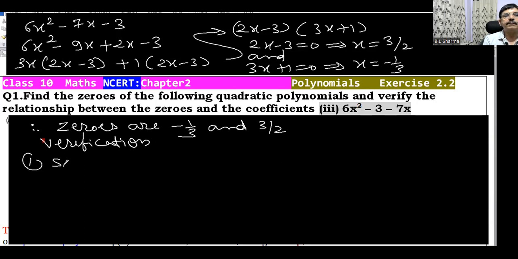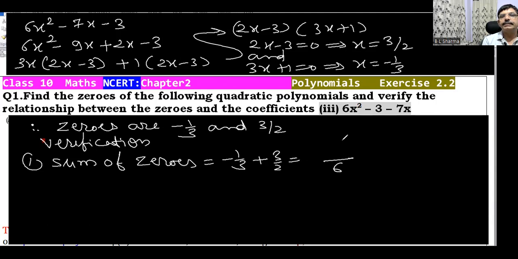First, sum of zeros. That is minus 1 by 3 plus 3 by 2, taking LCM 6, minus 2 plus 9, that is 7 by 6.